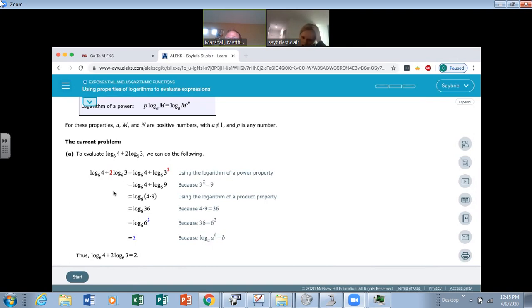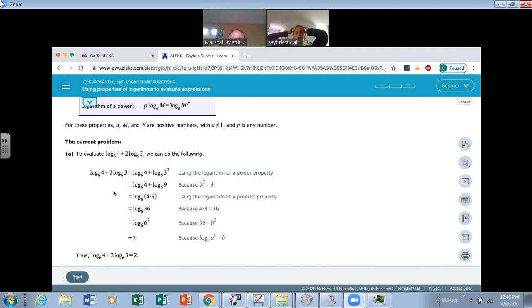So it says they both have the base log 6. So by rule, that 2 out front becomes log 6 3 squared, which is 9. And then with that same base, they combine the 4 and the 9 there. I'm going to take a picture of that.